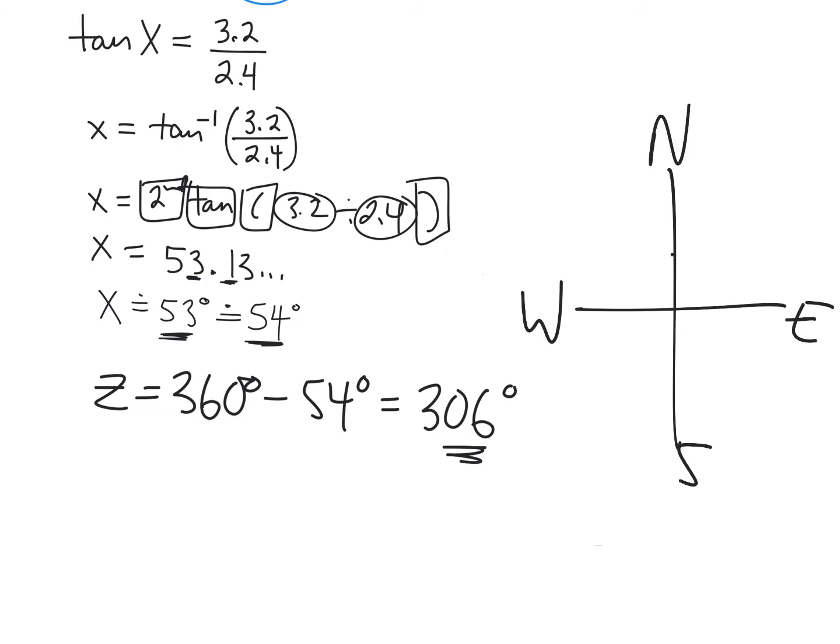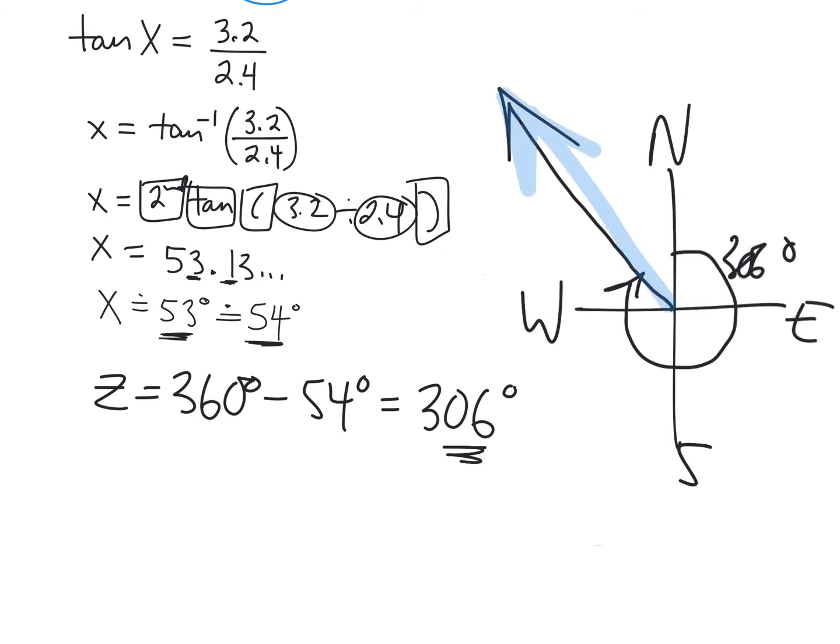So if you rotate 306 degrees, that puts you on a bearing in this direction. And that's how you read compasses and bearing calculations in terms of compass readings. It's always based on true north, and true north is a rotation of 0 degrees. So that's why it's based off of the north going clockwise.